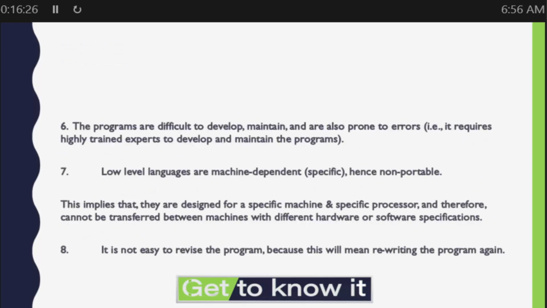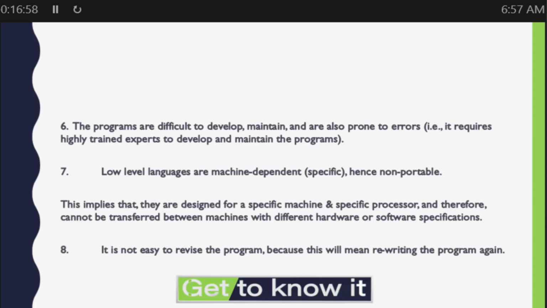The programs are difficult to develop, maintain, and are also prone to errors. That is, it requires highly trained experts to develop and maintain these programs. You'll have to learn and learn again how to develop programs in these languages, because they require a lot of skills to develop and to maintain, and they are also prone to errors.